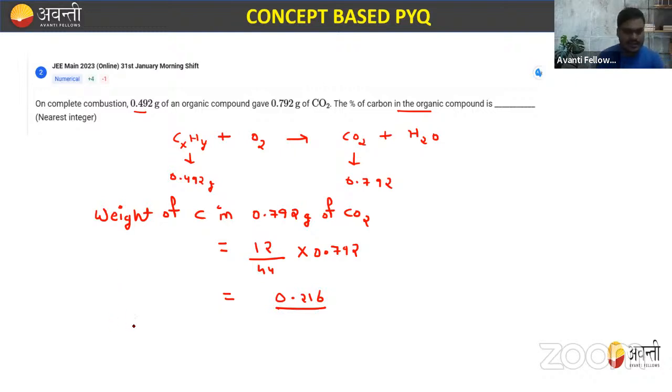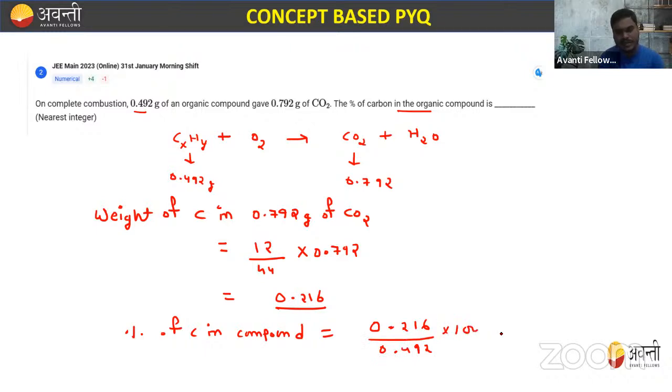Now, how will you calculate the percentage? So percentage of carbon in compound is equal to weight of carbon divided by the total mass of the organic compound, that is 0.492, multiply by 100.